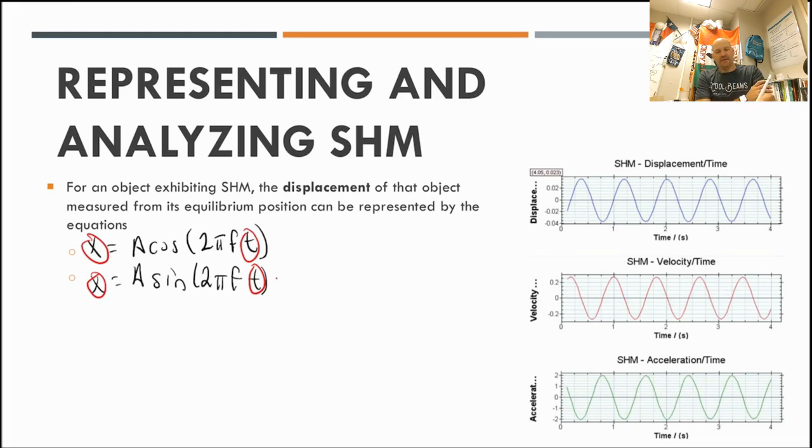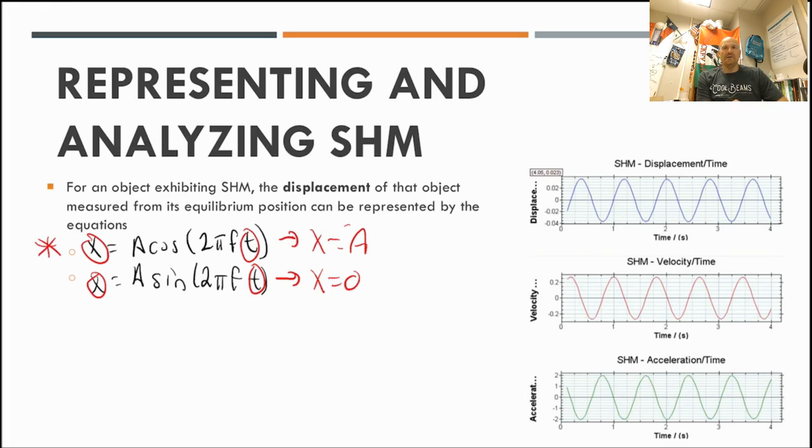If you start your data when x equals 0, you will use sine, because if I plug in 0 for t, then I get sine of 0, which is just going to be 0. If you start at x equals A, where A is the maximum amplitude, then you would use cosine. The majority of the time, you're going to use cosine.